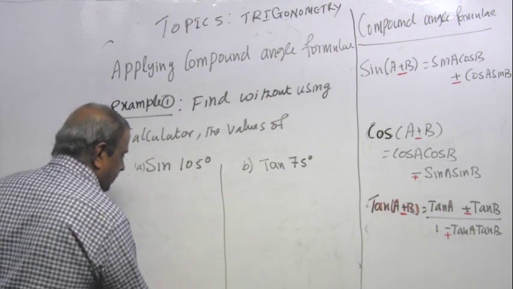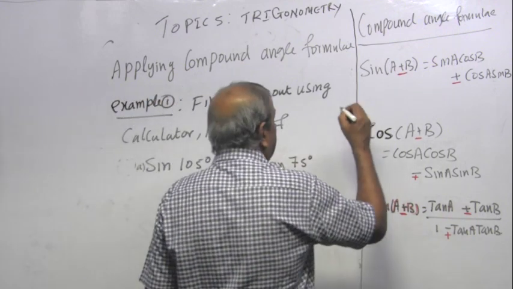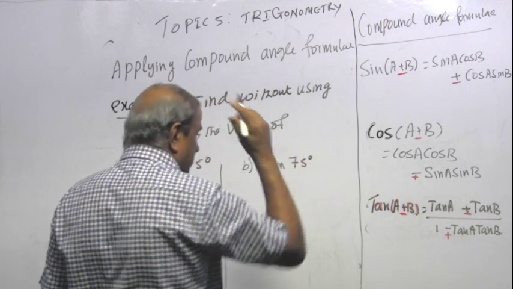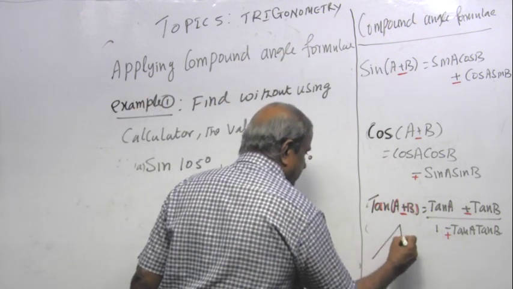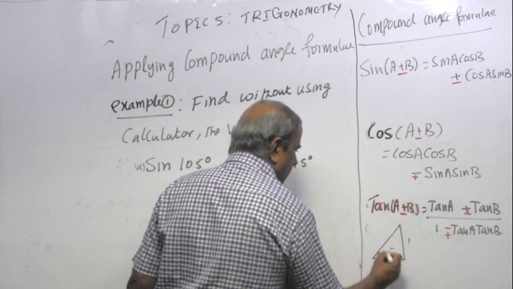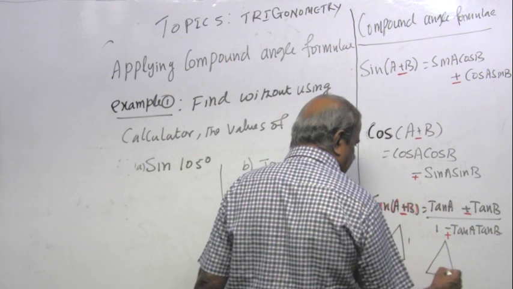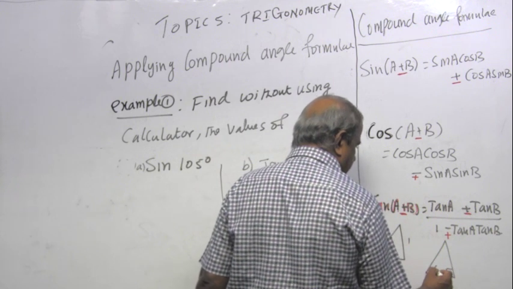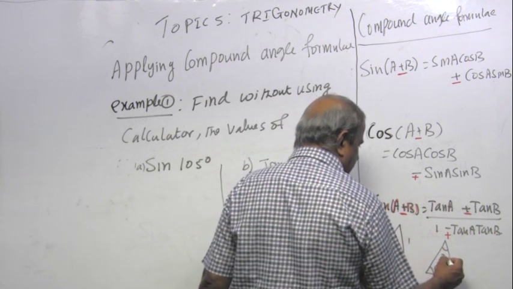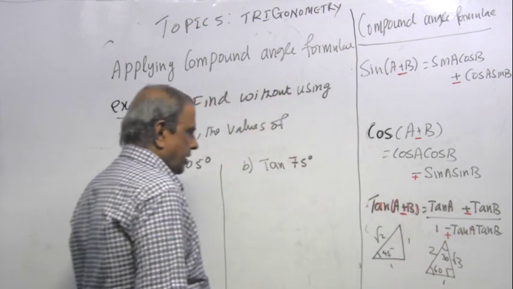Now to do this, remember the standard angles we know. 45: 1, 1 and root 2, and 60 and 30: root 3, 2 and 1.